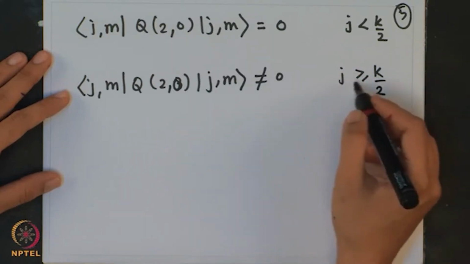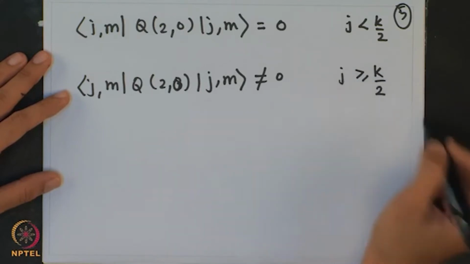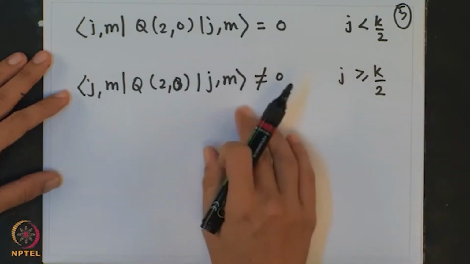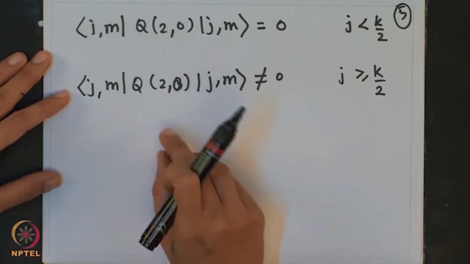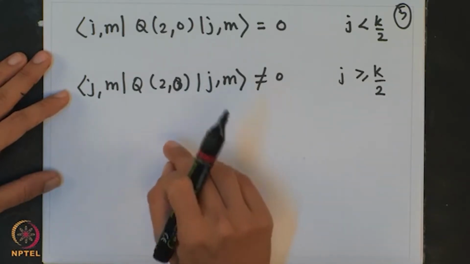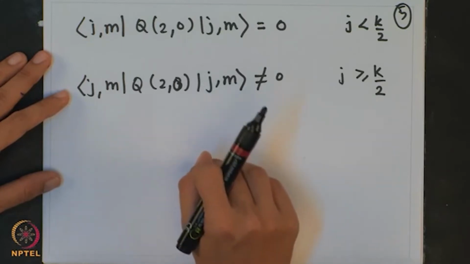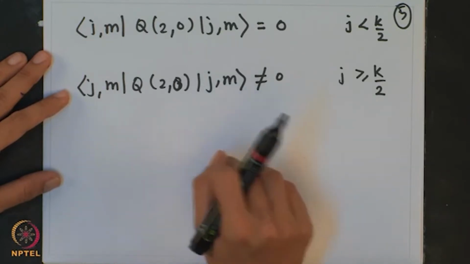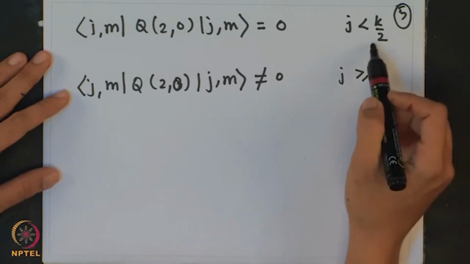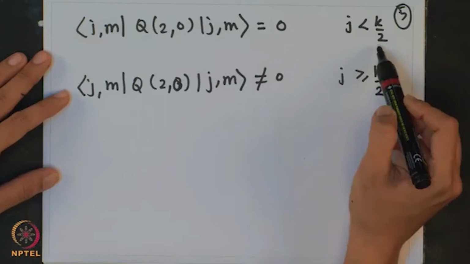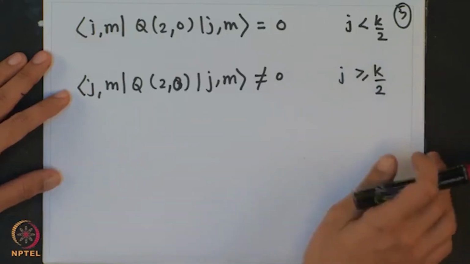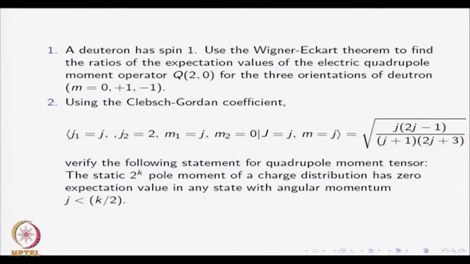So, if j is equal to 1, 3 by 2, 2 etc., then this quantity is non-zero. So, we have shown here that the pole moment of the charge distribution has 0 expectation value in any state where the angular momentum j here in this case is less than k by 2. So, it is just by inspection you can understand and solve this problem.